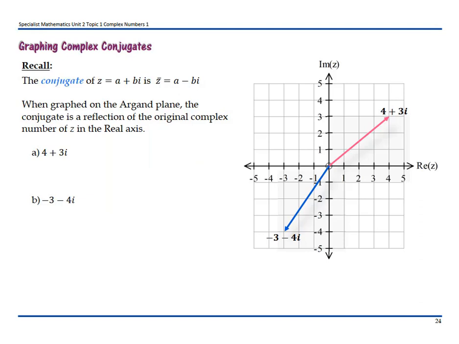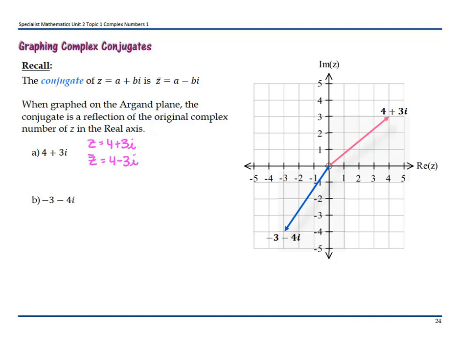So now we're going to look at graphing complex conjugates. Now recall that the conjugate of z equals a plus bi is z bar equals a minus bi. Now when graphed on the Argand plane, the conjugate is a reflection of the original complex number z in the real axis. So if I've got 4 plus 3i, so z equals 4 plus 3i, the conjugate of that is going to be 4 minus 3i.